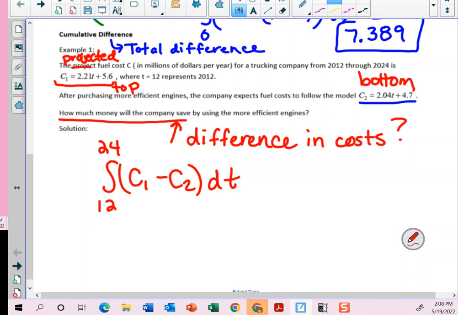I could have very easily written this problem where I talked about the new model first. And so I could have called this guy C1 and this guy C2. The problem still would have had to have this one first because that's the one that has the greater cost. I'm looking for the difference between the cost from this function and the cost from this function.